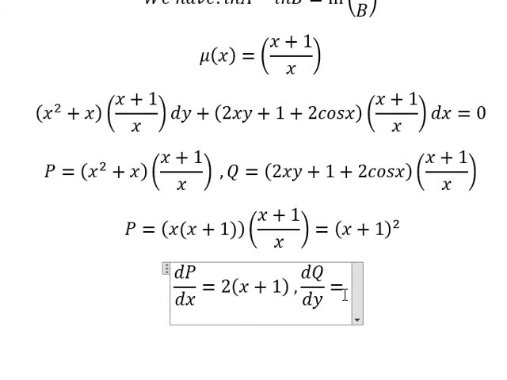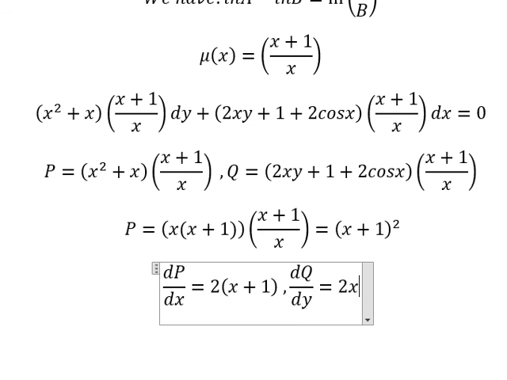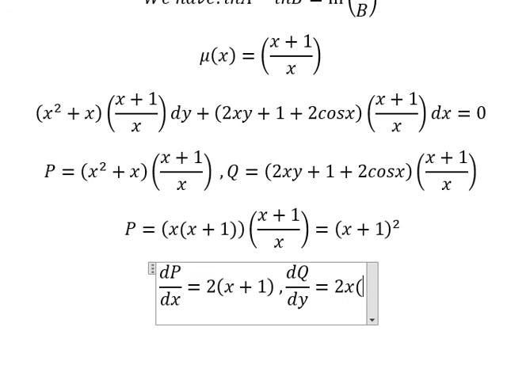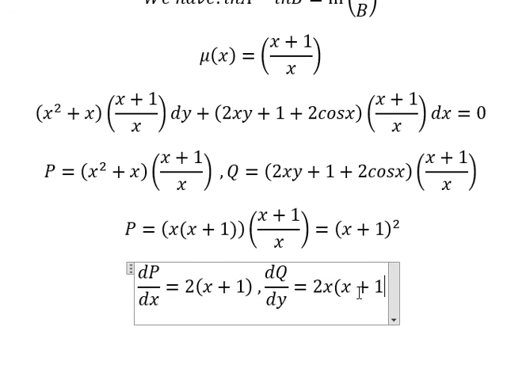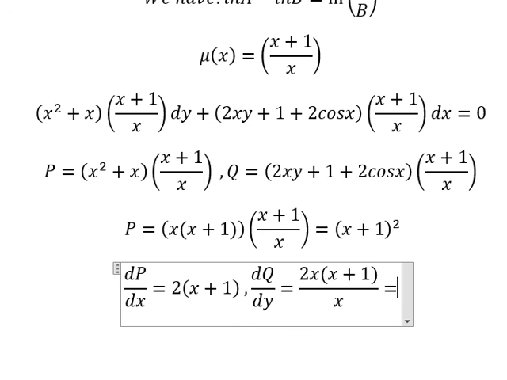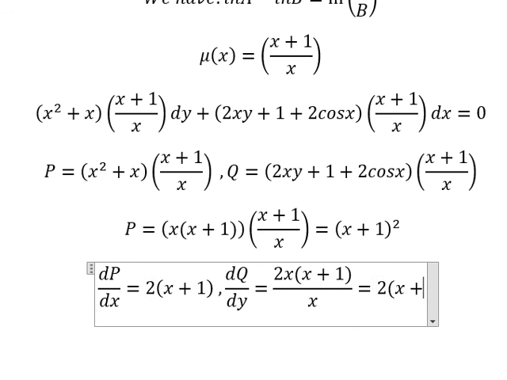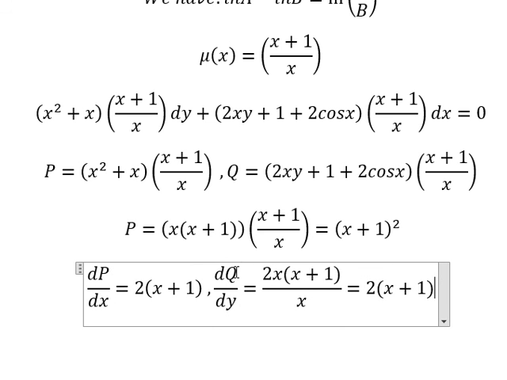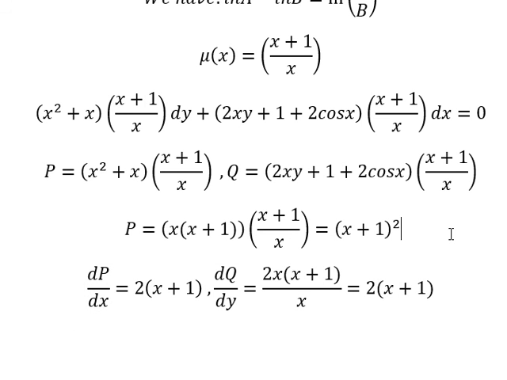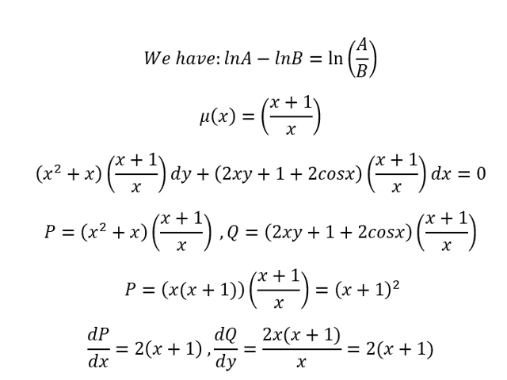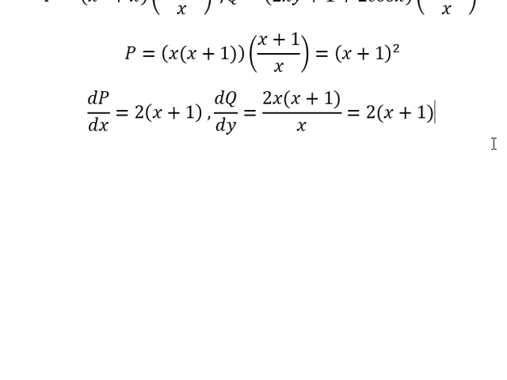So we will have 2s multiplied by s plus 1 over s. We simplify s and s, so we have 2 multiplied by s plus 1. And we see that this one is equal to this one, 2 multiplied by s plus 1. So in this situation, we need to set up f(s, y).